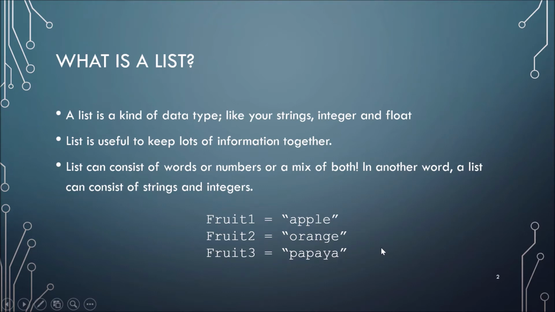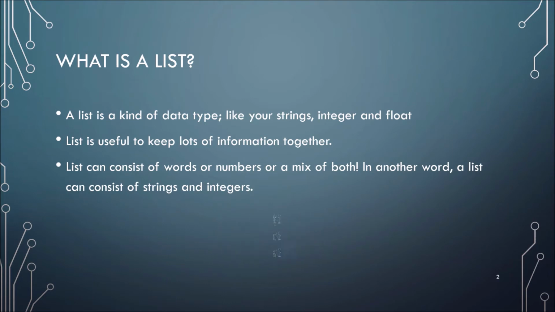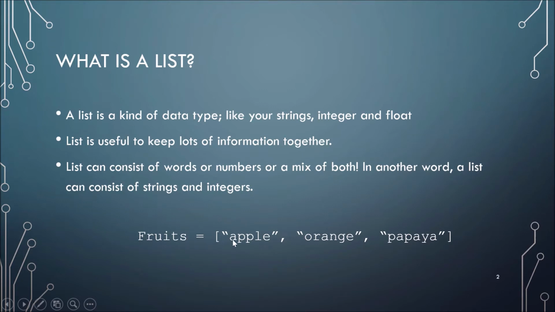To make things easier for me, Python has a data type called list. In that list, all I need is one variable, equate it and group all the same items together. That way it'll be easier for me to sort my things out. I do not need a lot of variables.